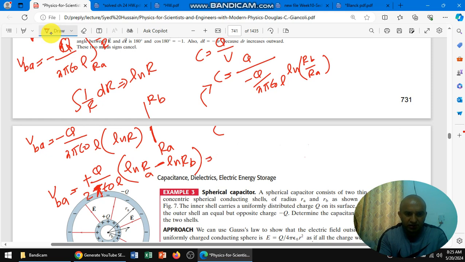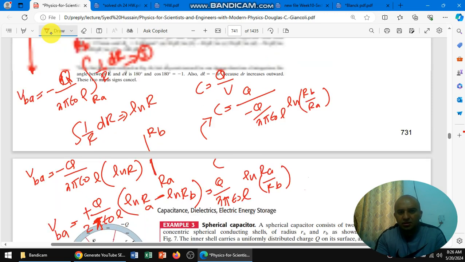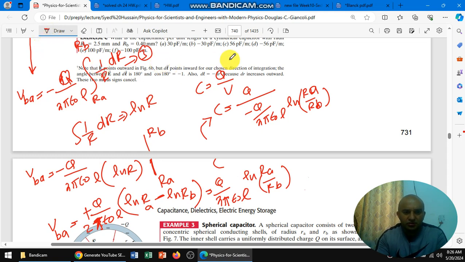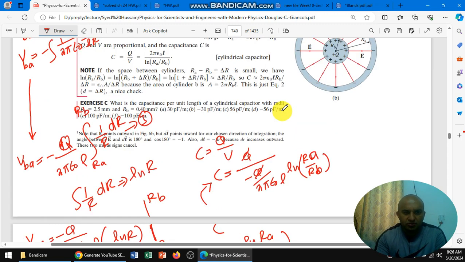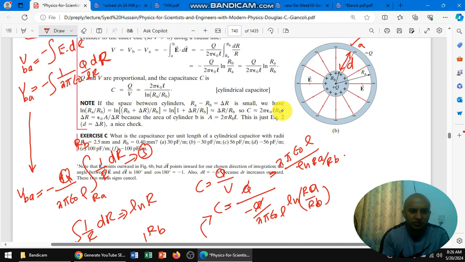So we have Q over 2 pi epsilon naught L log of RA over RB. Now this Q will be removed, so this term can be taken to the numerator. So we are left with 2 pi epsilon naught L over log of RA over RB. So this is the formula for capacitance C.